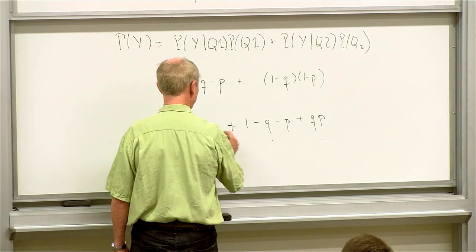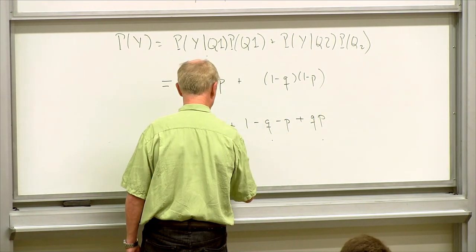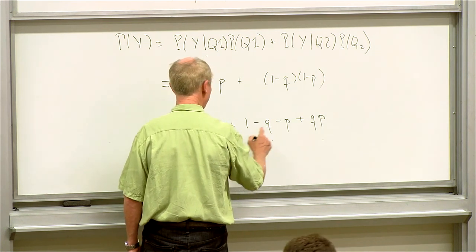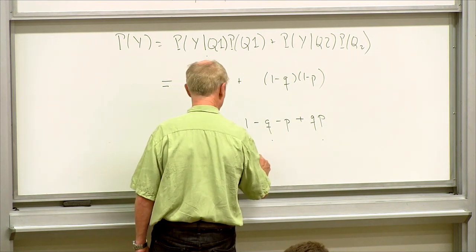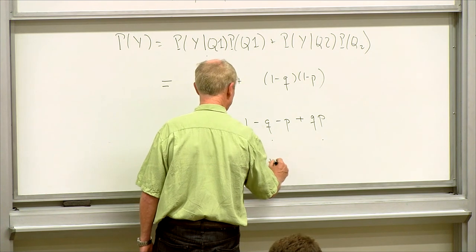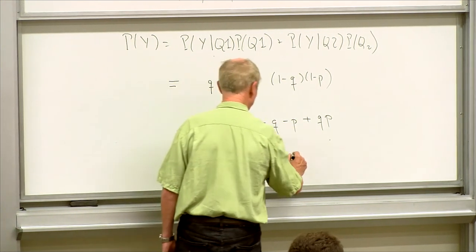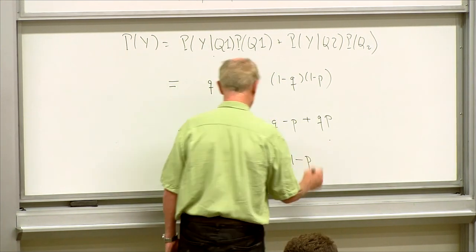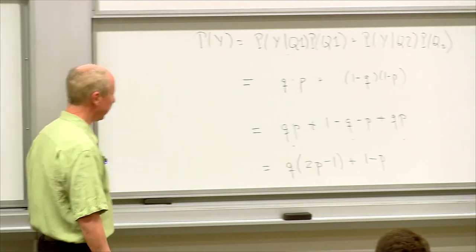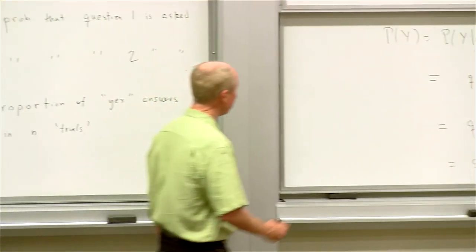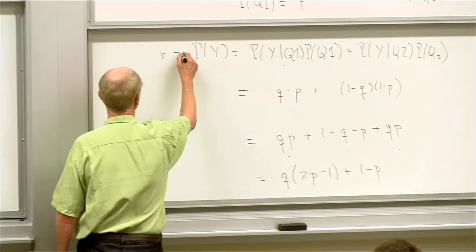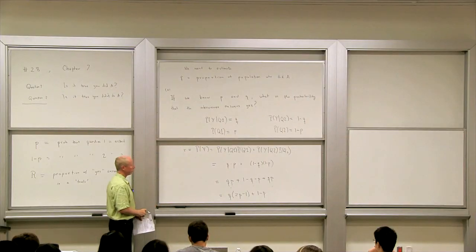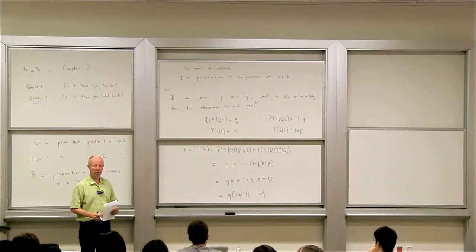Well, P 2 times, so 2P. And then minus 1. Plus, and what's left? 1 minus P. And that's the probability of a yes response. And we'll call that little r.